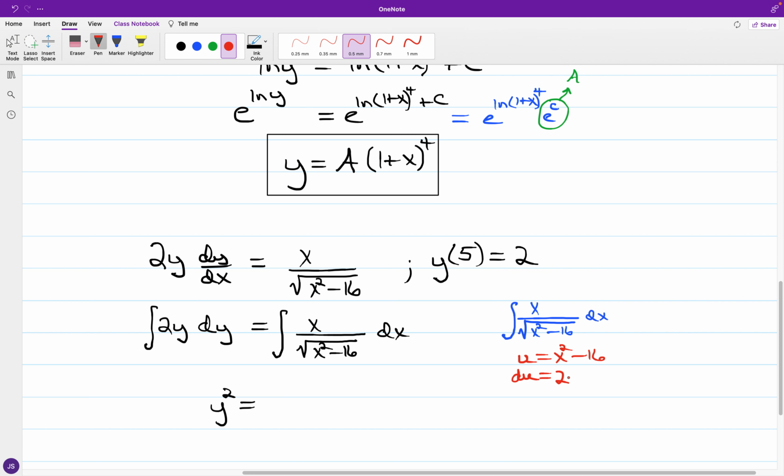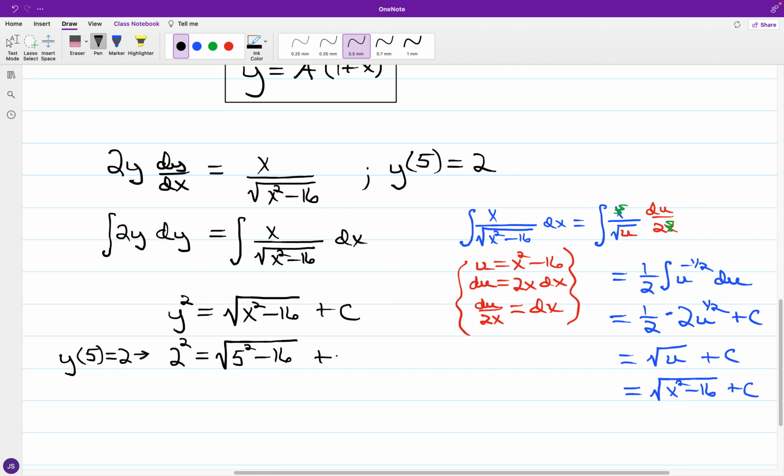Okay, so y is at 2 whenever x is at 5. Filling in again, y squared becomes 2 squared, and the square root of x squared minus 16 becomes 5 squared minus 16 within the radical, plus a constant. 2 squared is 4, and 5 squared is 25 minus 16, which is the square root of 9, plus c.